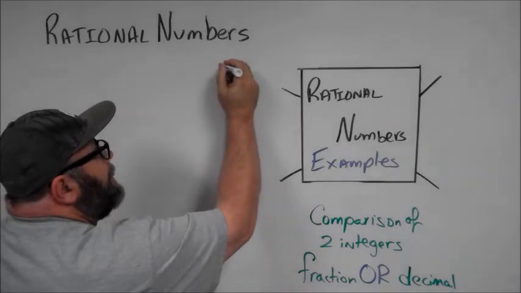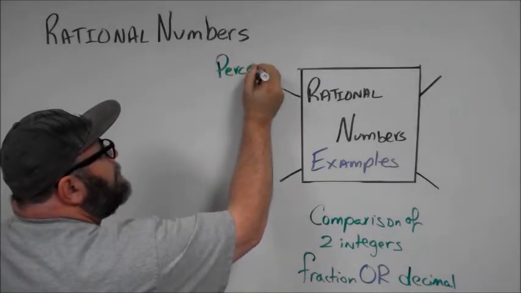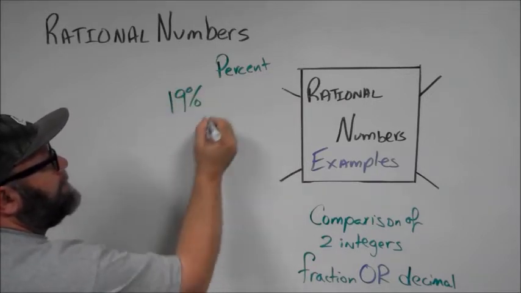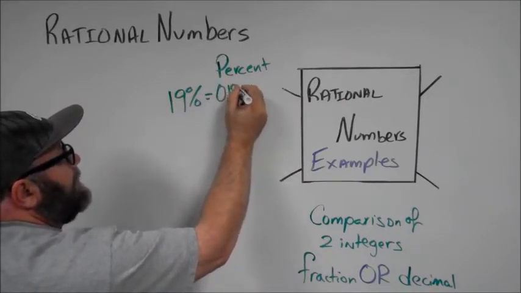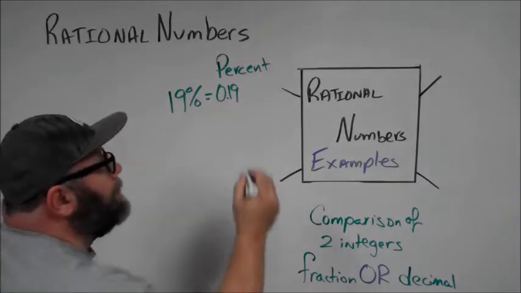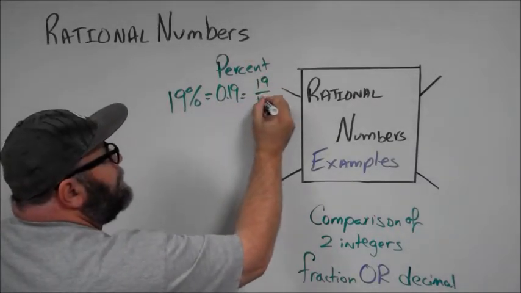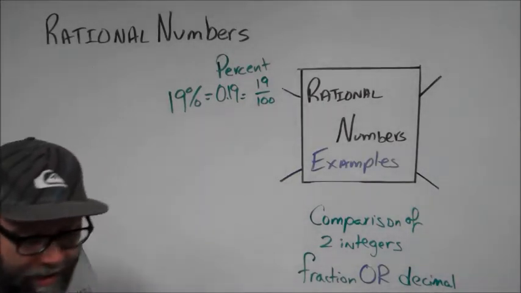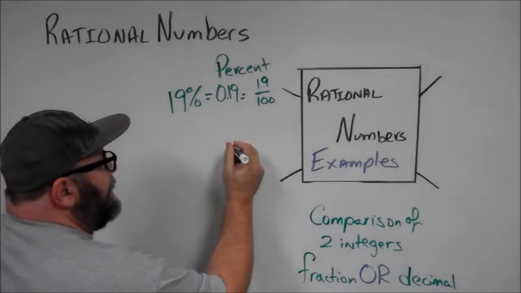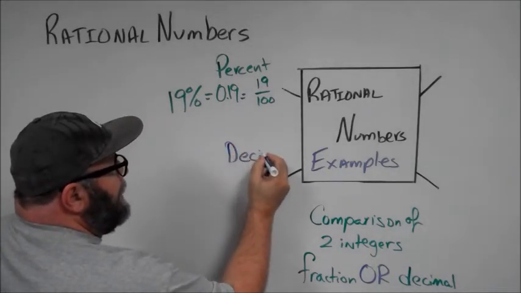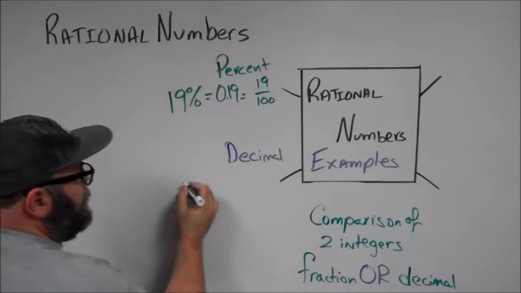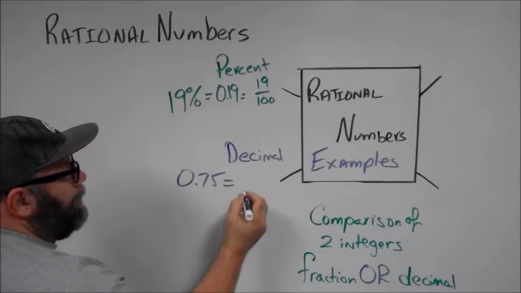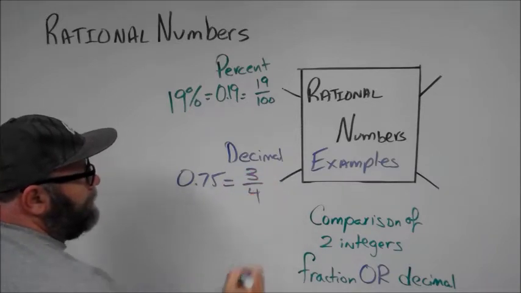So first example, let's talk about percents. If I had 19%, that is the same as 19 hundredths. That works out. How about as a decimal? We can write them as a decimal, D-E-C-I-M-A-L. So if I had 0.75, hopefully you remember that that is the equivalent of 3/4.